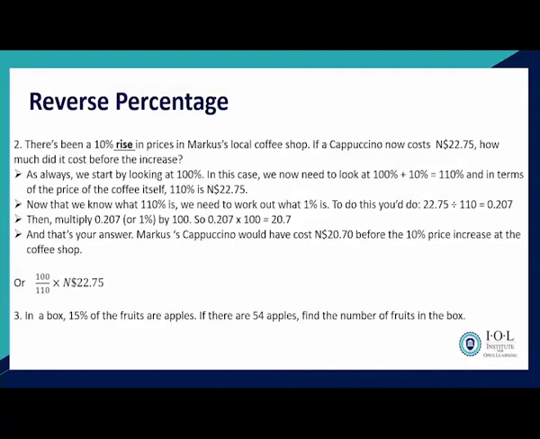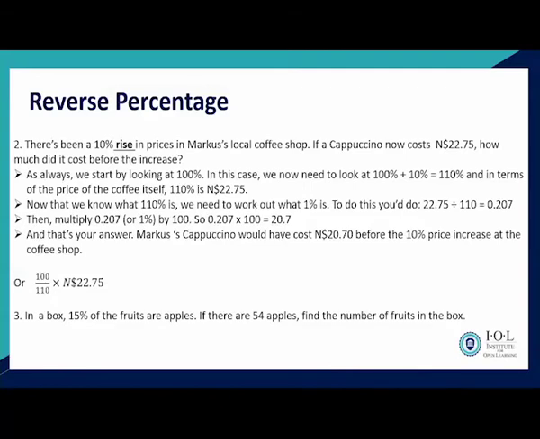Question 3. In a box, 15% of the fruits are apples. If there are 54 apples, find the number of fruits in the box. In this case, it did not say rise, profit or loss. This is straight. So take 100, divide it by 15. Always put the 100 on top if you want to do reverse percentage. Then times 54.